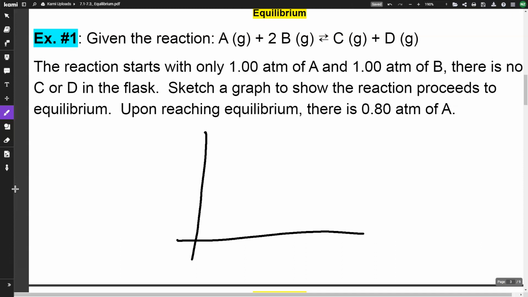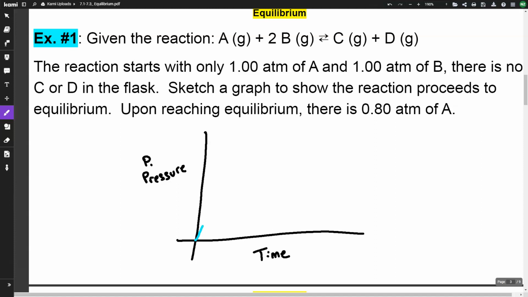All right, so I'm just sketching this. It's not going to be perfect here. On our y-axis, we have partial pressure. On our x-axis, we have time. So let's start with C and D. They're starting at 0.